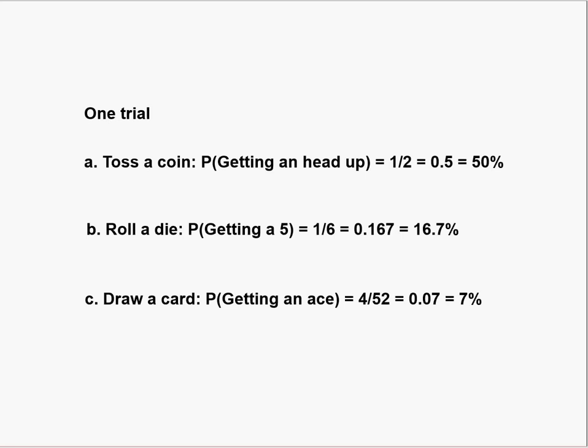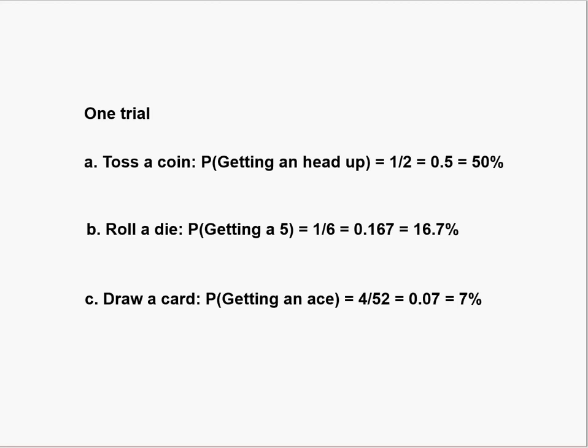Now let's practice a few questions on how to calculate probability using the classical approach. One trial refers to conducting the experiment once. Toss a coin. What is the probability of getting a head? The total number of possible outcomes is 2, head or tail. The number of ways of getting a head is just 1, so 1/2, 50% or 0.5.